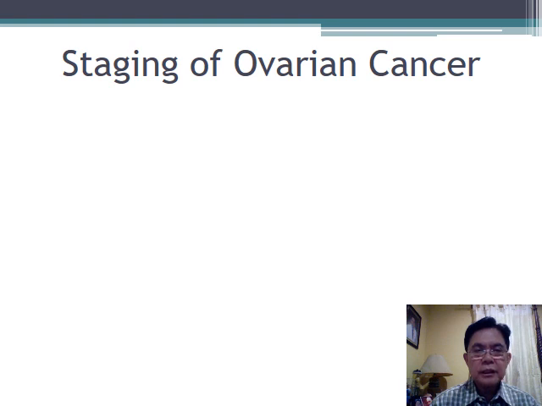During surgery, a systematic evaluation, as I have mentioned earlier, an exploration of the abdominal cavity should be done before you proceed to performing your definitive surgical intervention. So the extent of tumor involvement within the abdominal cavity should be properly investigated or evaluated.